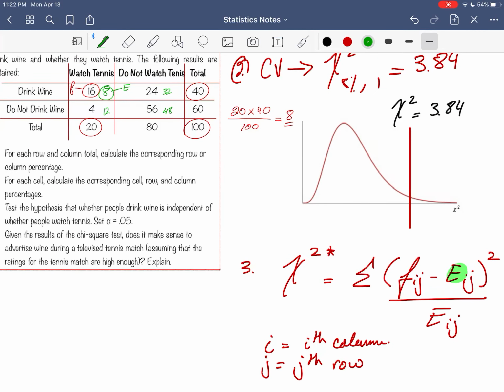Once that's done, the math is pretty easy. Step 1, 16.